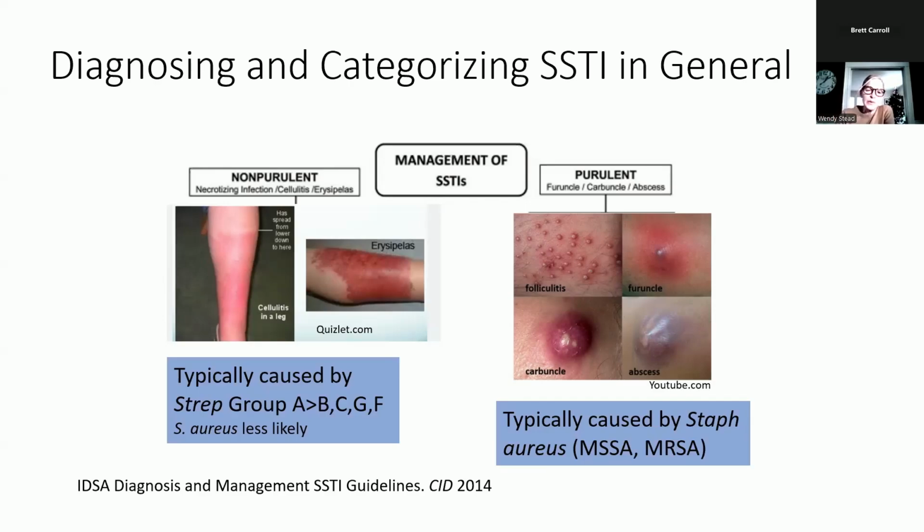When we look at our lymphedema patients who get complicating skin and soft tissue infections, we're much more often seeing non-purulent SSTIs than purulent SSTIs. You know, the classic presentation, which I'm guessing you've all seen, is someone who has sudden onset in that lymphedematous limb of sudden erythema, warmth, tenderness, often in association with systemic symptoms like fevers, chills, they feel sick, and they're often having non-purulent cellulitis type infections.